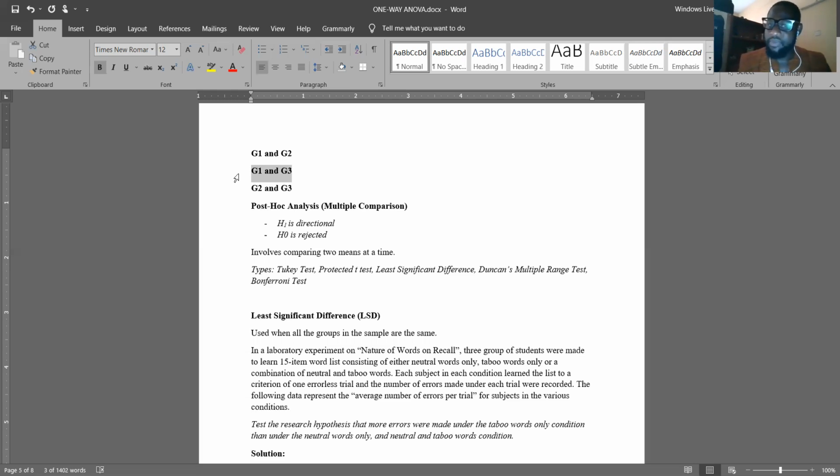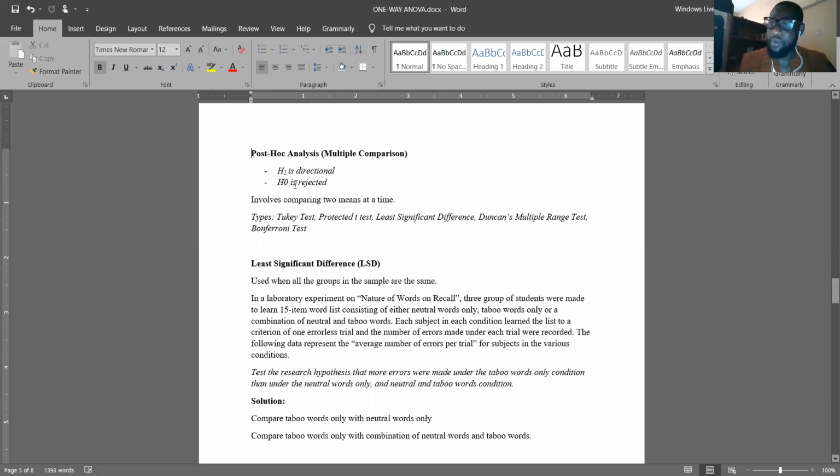So you could see the previous question that we saw when it comes to ANOVA, that's nature of words on recall. You could see that per our final interpretation, we indicated that there is a significant difference. Why? Because we rejected H0.